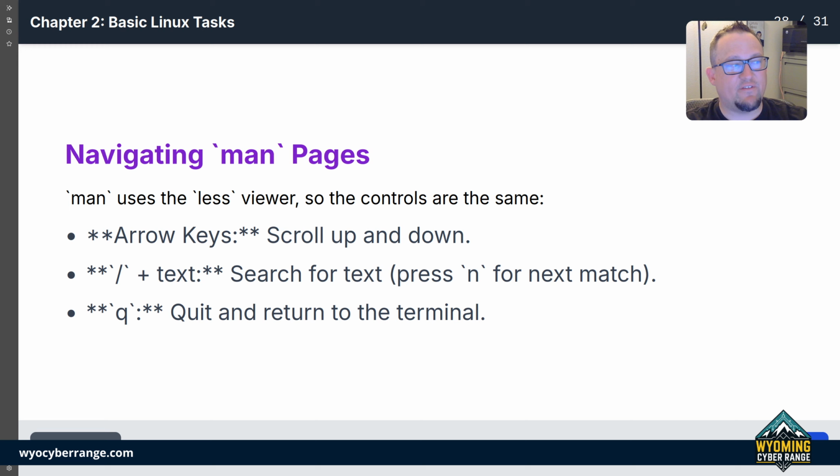Now, if you want to navigate the man pages, you can use the arrow keys that will go up and down, for example. One of the best features of a man page would be the /. This is like your find. So in Windows, you would hit Control F for find, or go to Edit and find.